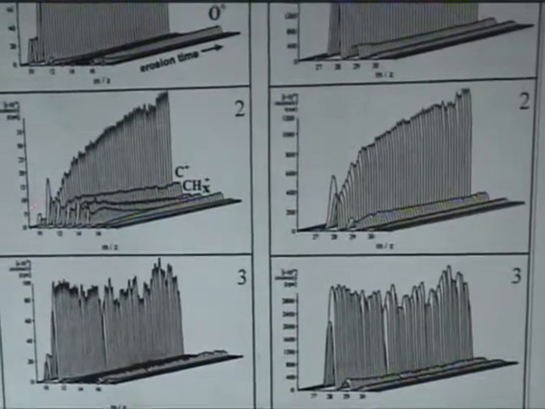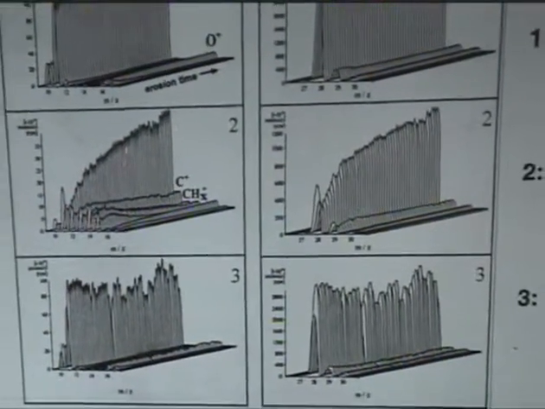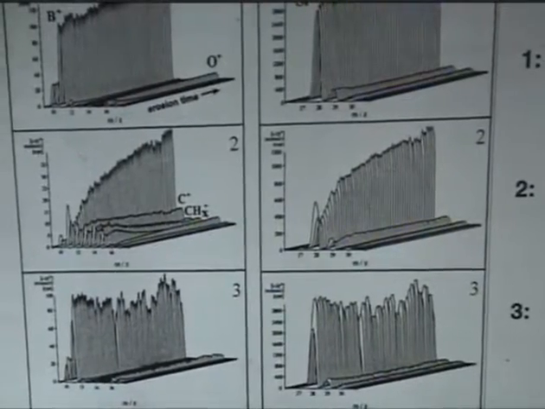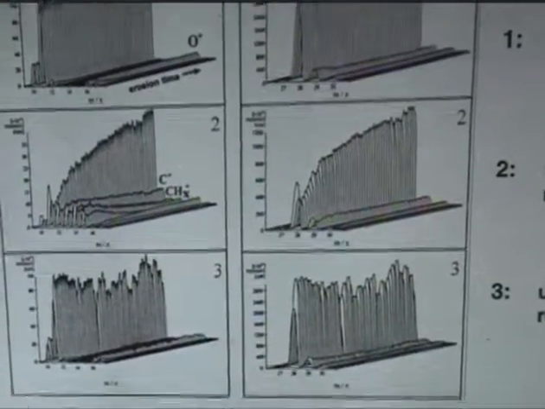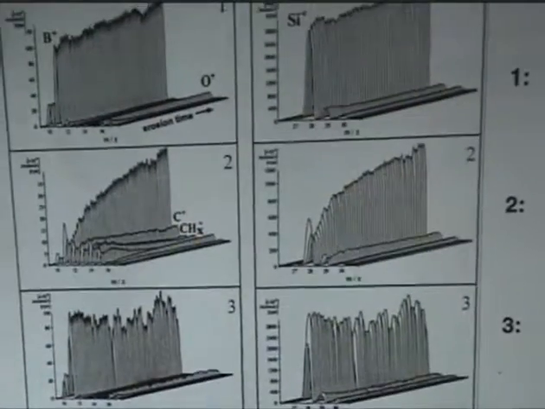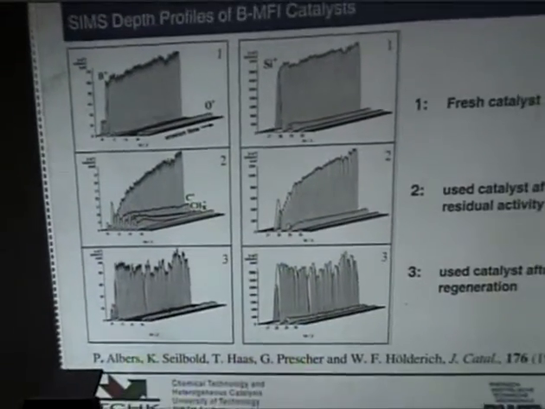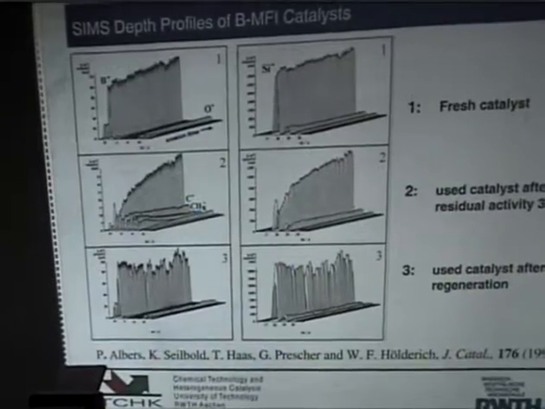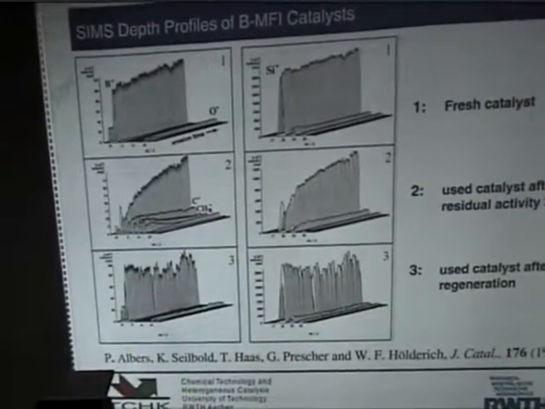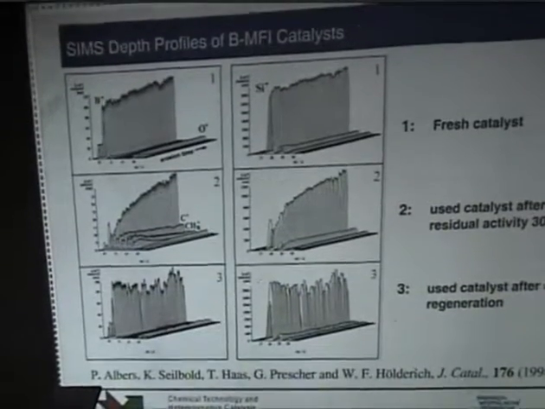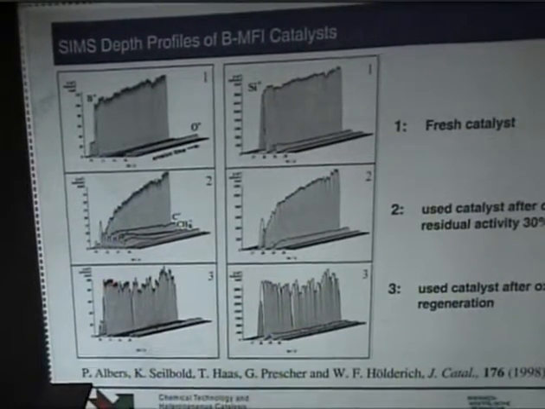That means if the deactivation takes place at the outer surface, then the reaction has also to take place there. That was one of the conclusions. We have some other evidence.